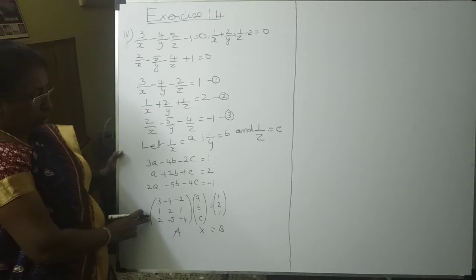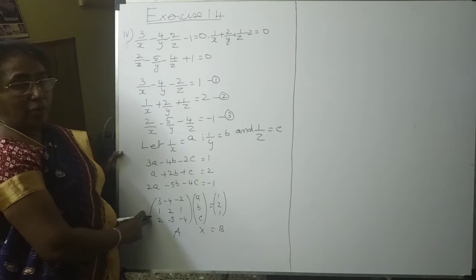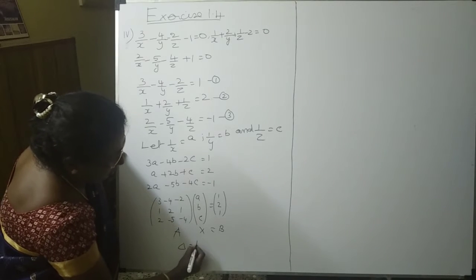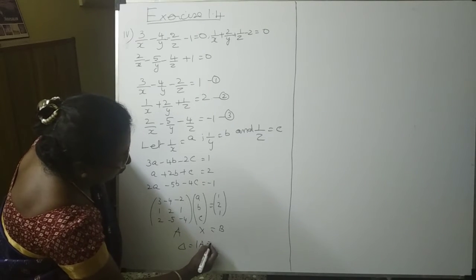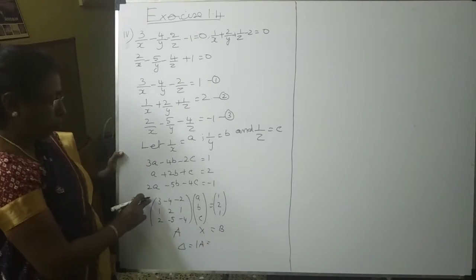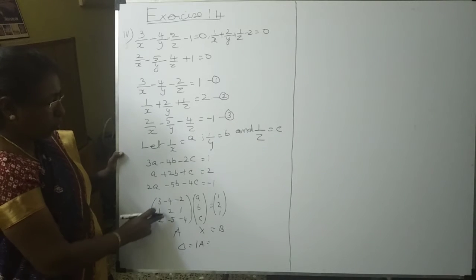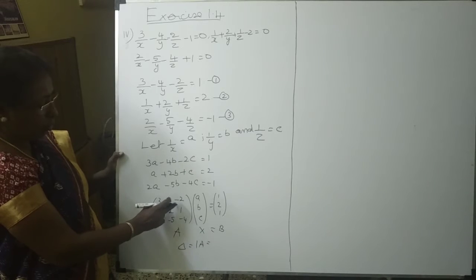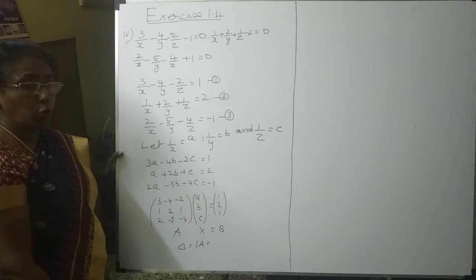So we are going to find out the del value. Del is equal to determinant A. So first we are going to find out the determinant value of 3, 1, 2, minus 4, 2, minus 5, minus 2, 1 and minus 4.